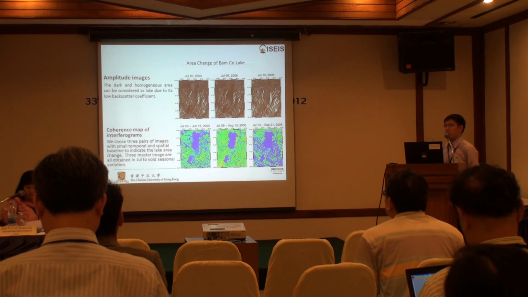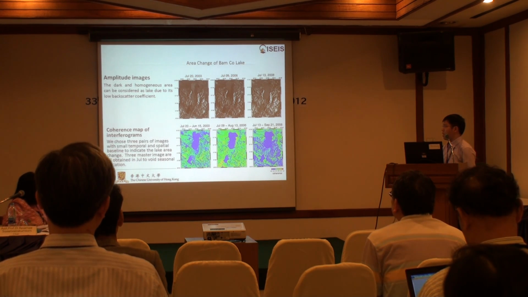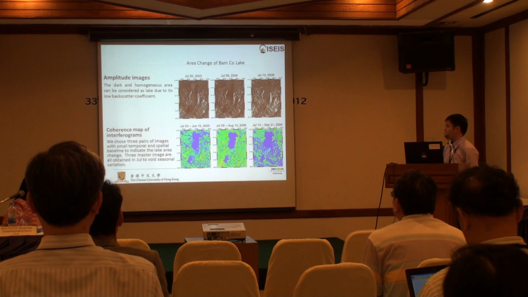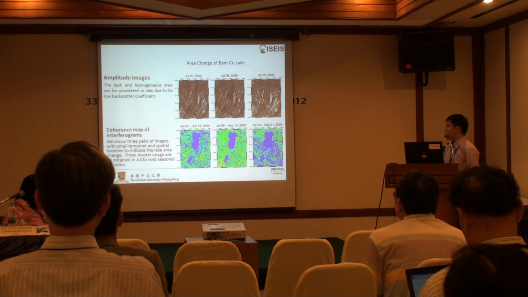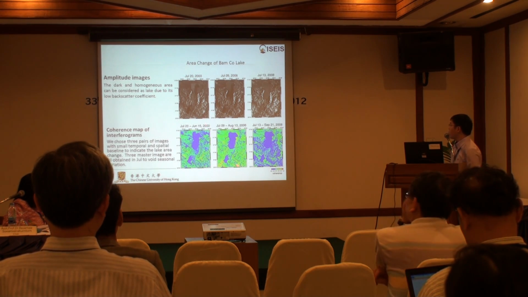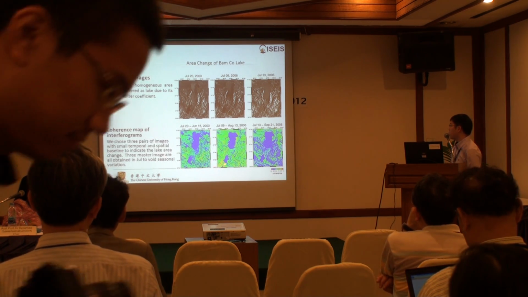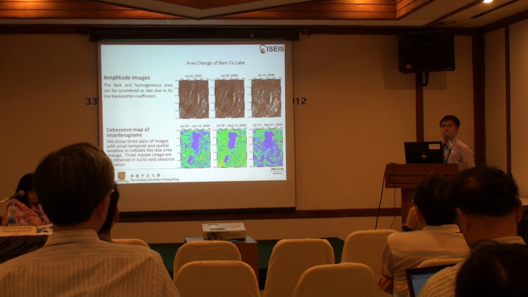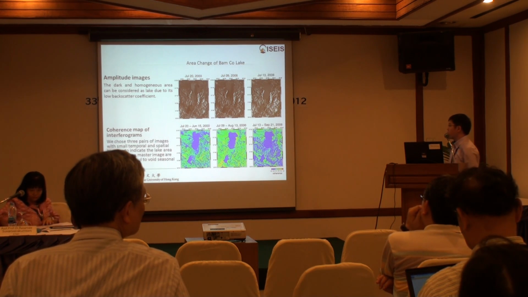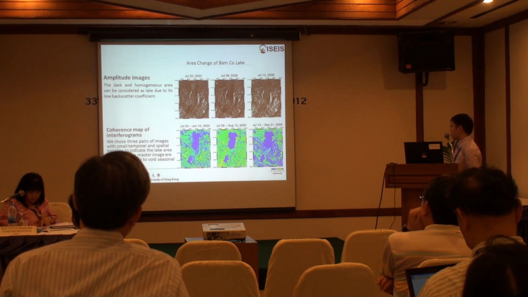This coherence is for the ground change. When the ground has not changed much, it will show high coherence, just like this ground area. But water always fluctuates, so it will lose coherence when we co-register two SAR images.